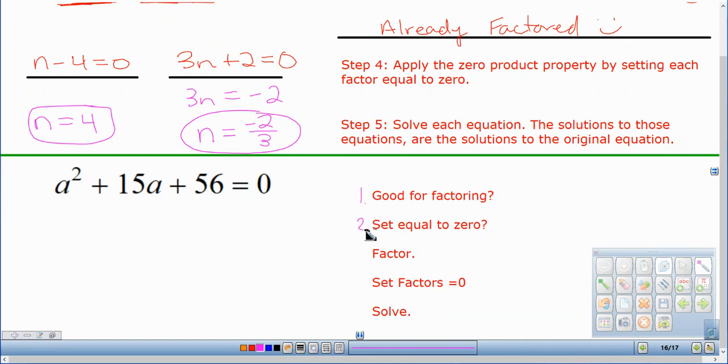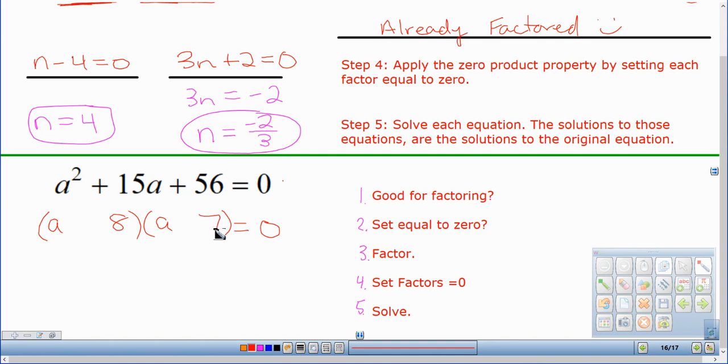All right. We have the 5 steps here, but they are abbreviated. We want this to become a good, quick process. Is it good for factoring? Yes, I see both of my variable terms there. Is it set equal to 0? Yes. Let's factor. Keep it equal to 0 and factor this trinomial. Well, it's going to be a times a, 56.